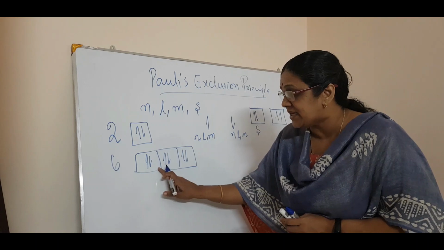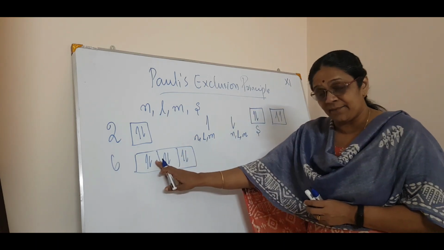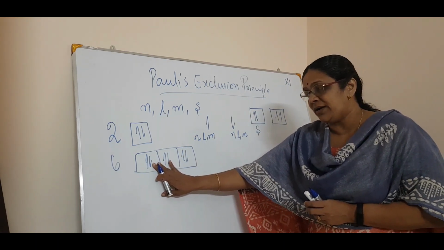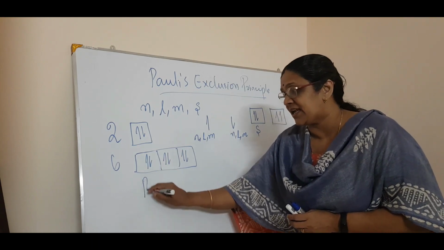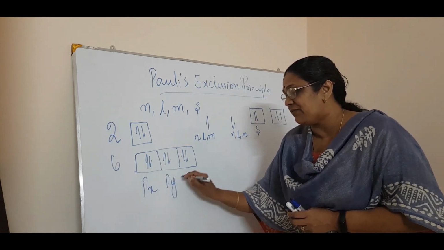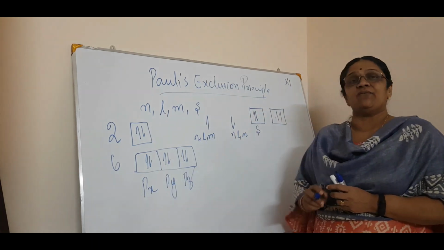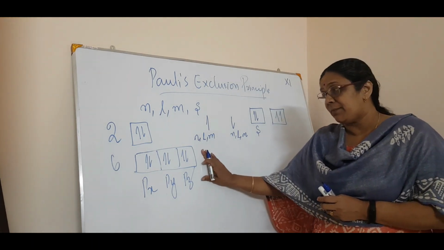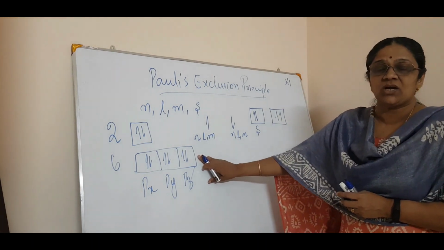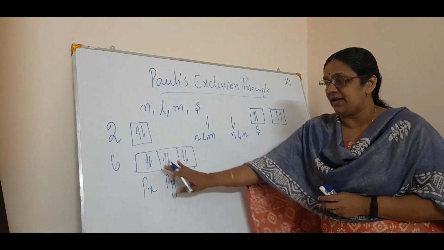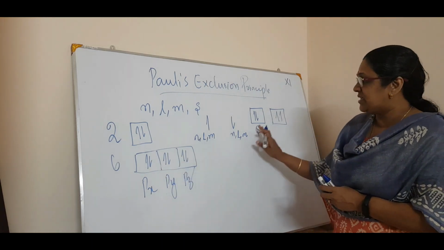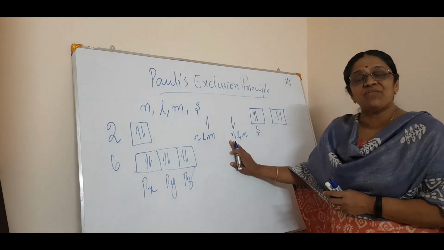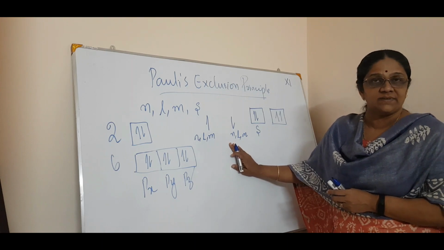Each orbital, px, py, and pz, can have only 2 electrons. The maximum accommodation in each orbital is 2, and 3 are there, so there is 6. So that is why no 2 electrons can have all 4 quantum numbers the same.